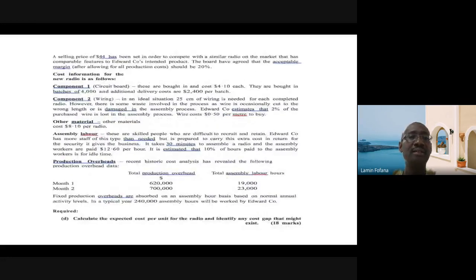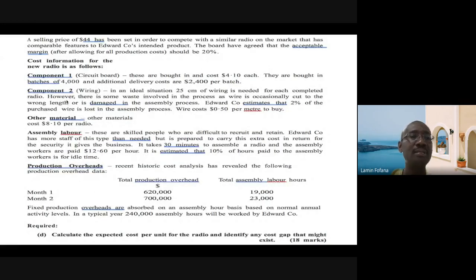Then you start by looking at the components and seeing how they can be reduced if possible. If there are some components that can be substituted, you can substitute them without any effect on the quality. The labor also: if cheaper labor can work on the order perfectly without any problem, you can go for that. And the number of hours spent working on each radio, how can you reduce that?